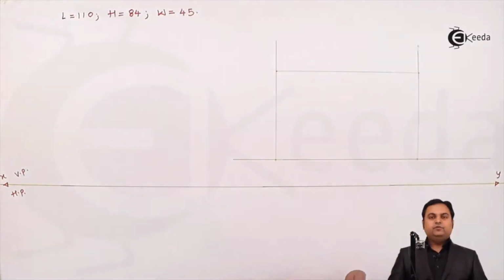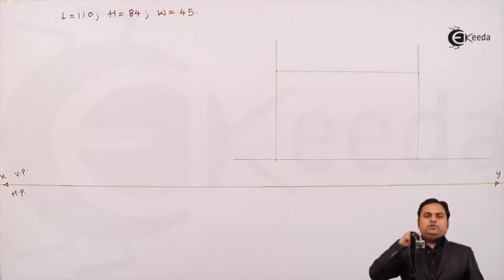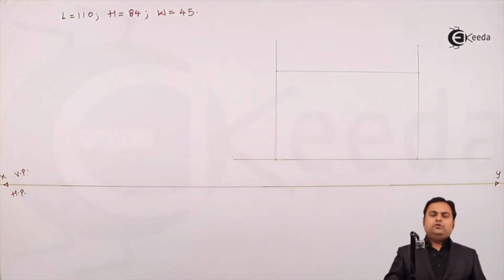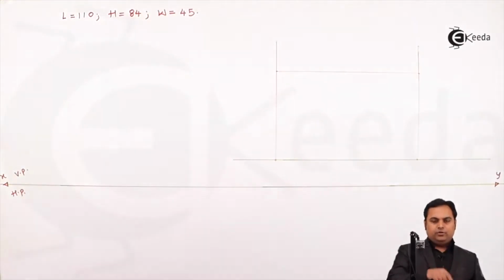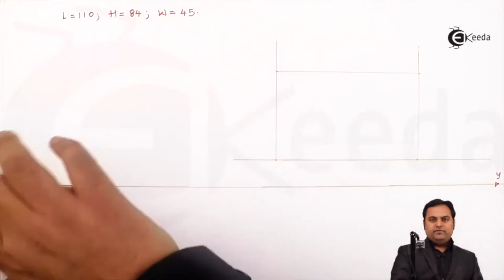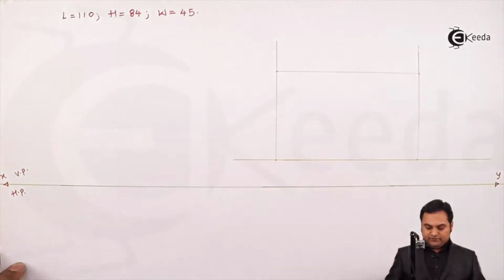Just below the front view, there will be top view. And when we are looking at any object from the top, the height of that object is not visible. So out of length, height and width in the top view, only length and width will be visible. So length I am going to get from the front view.